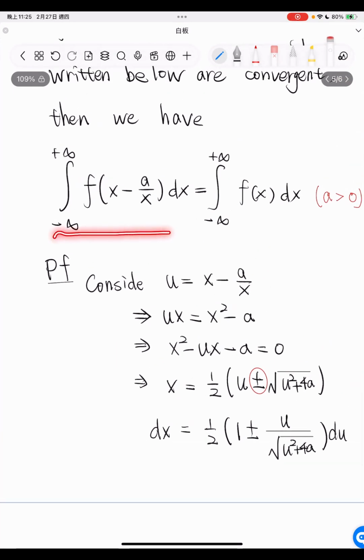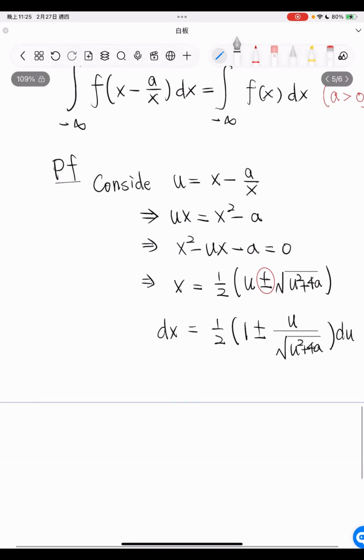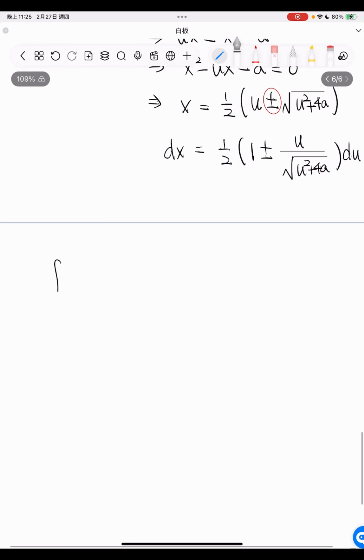So we split this integral into two parts.